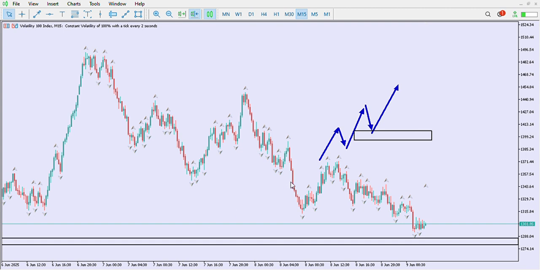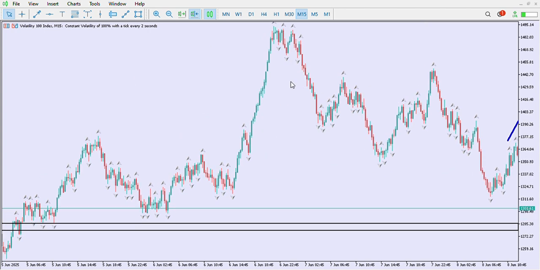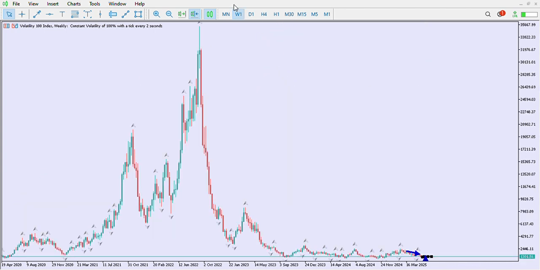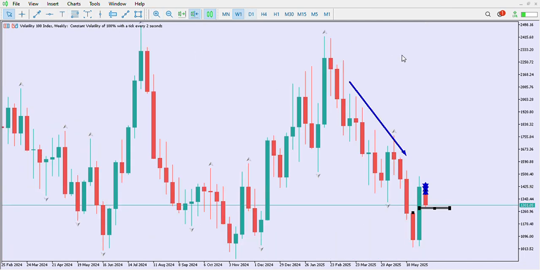A trend line. This one, I was just trying to explain the thing.